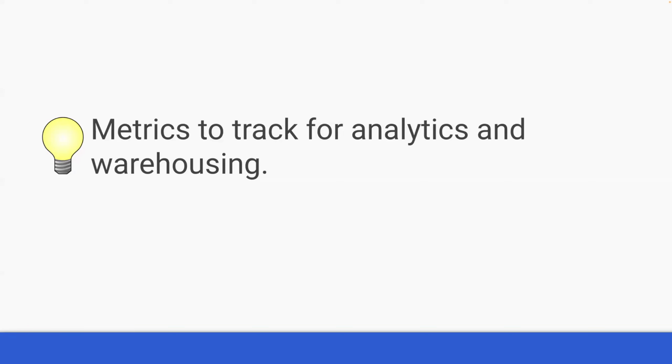And let's say if something goes down, how are you going to figure that out? What are the metrics you're going to track for analytics and warehousing purposes? If something goes down, what's the backup plan? How are you going to pull back the system? So all of these things are very, very important in these discussions.